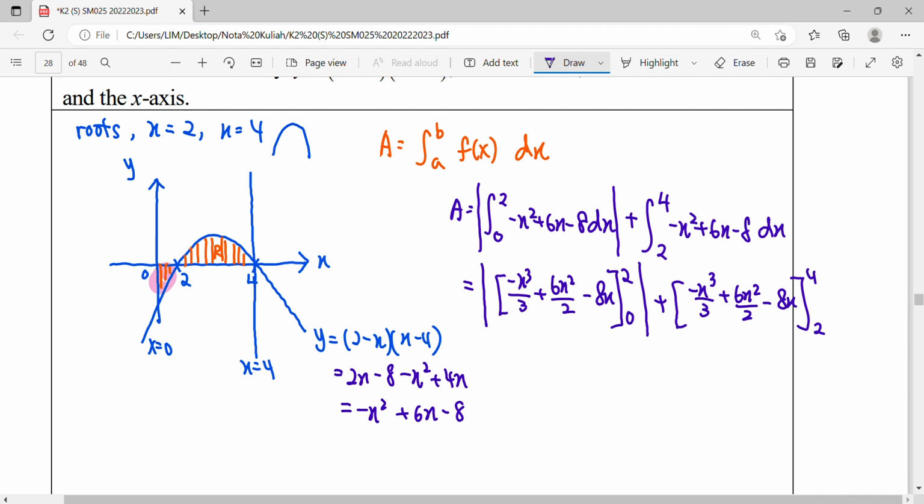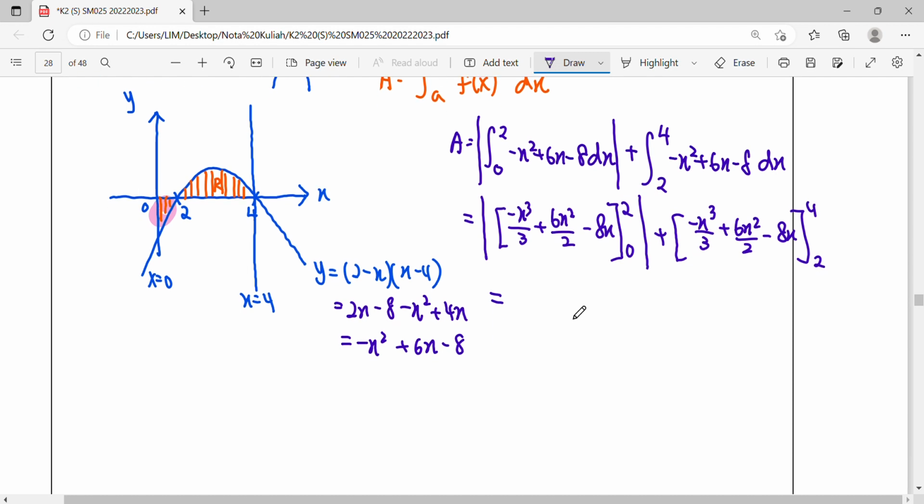So write out our equation of area. Then, after that, substitute upper limit minus lower limit. We just need to write out our steps clearly. What is your upper limit here? 2, minus lower limit 0. When I put 0 here, everything is 0, in modulus.